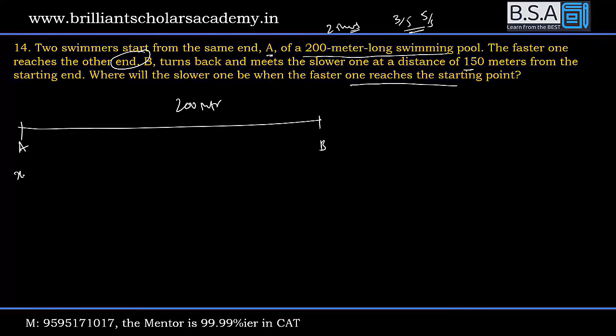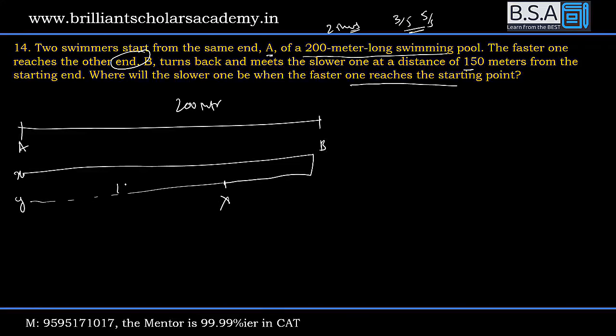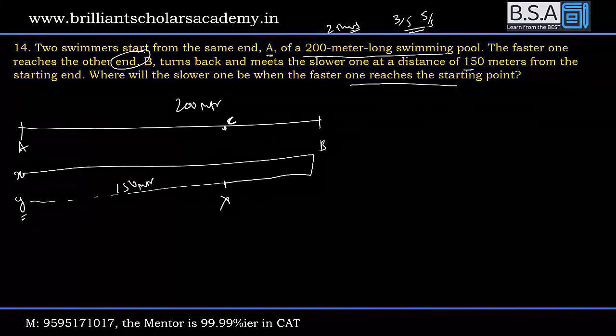Let us say the faster one is X, slower one is Y. The faster one meets the slower one at a distance of 150 meters from the start. So this person has gone, turned back, and is meeting Y 150 meters from the starting point. Let us call this point C. The question is, where is the slower one when the faster one reaches the starting point?